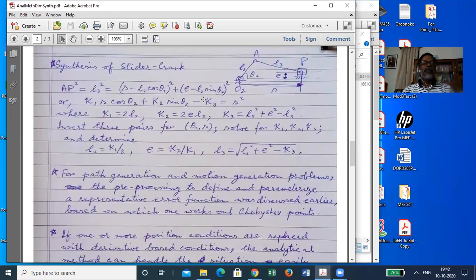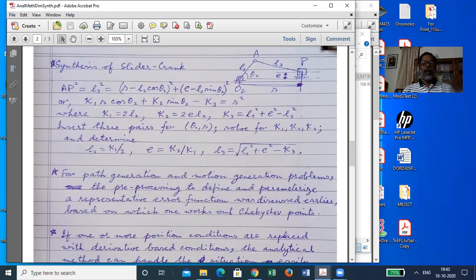Solve for them, and once you have K1, you directly get L2 as K1 by 2. Then from K2 you will get E as K2 by twice L2, so K2 by K1 basically. And L2 and E you have already found, so their squares you add, and from that you subtract the K3 that you have got. That will be L3 square, and you have got L3.